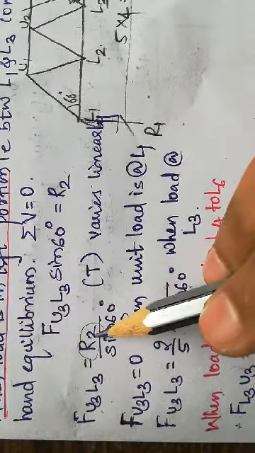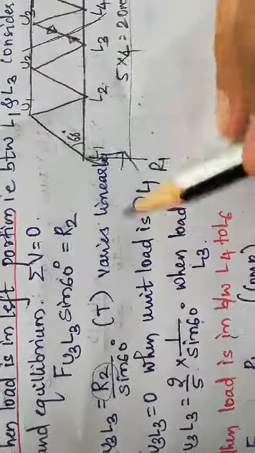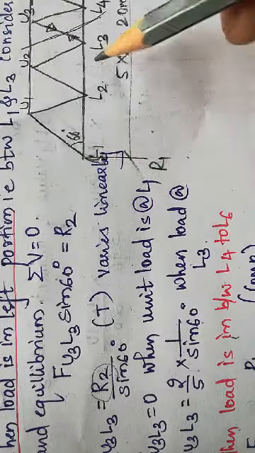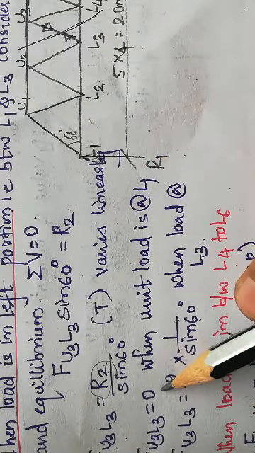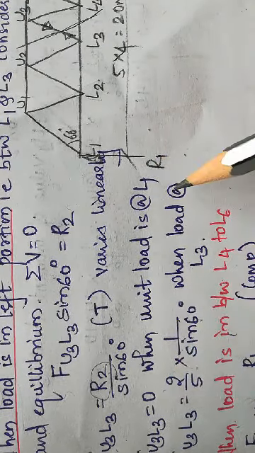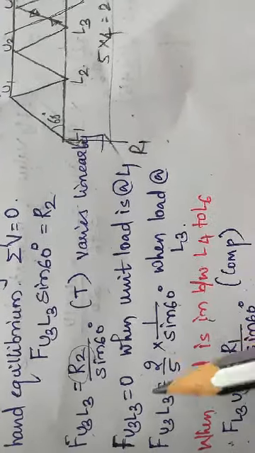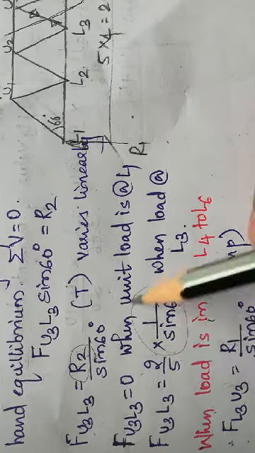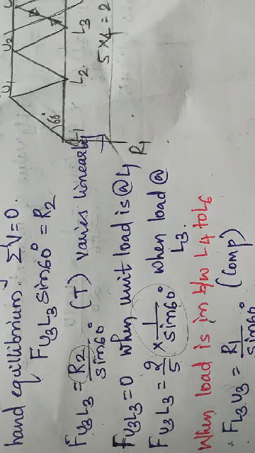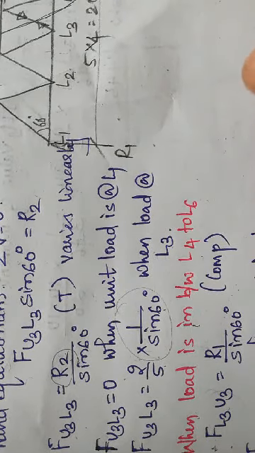Now we have to find the ordinate of this R when the load is at L1 and L3. So when the load is at L1, you will get the ordinate as 0. When the load is at L3, you will get the ordinate as 2 by 5, and this times 1 divided by sine 60.